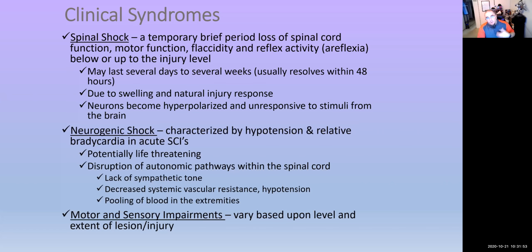My overall heart rate's low, my blood pressure's low, my blood starts pooling in my feet, I start getting a clot. Now I end up losing a foot because I got a bad blood clot in the foot. Or worse, that blood clot suddenly breaks loose, travels to the lungs, and I end up with a pulmonary embolus or a stroke in the brain. So a lot of these patients that are in neurogenic shock, they're going to give medications to raise their blood pressure.